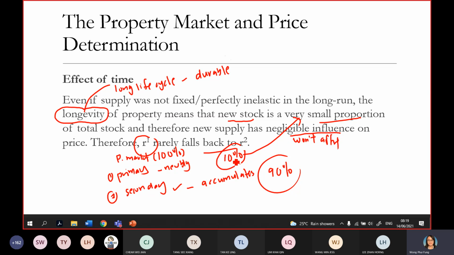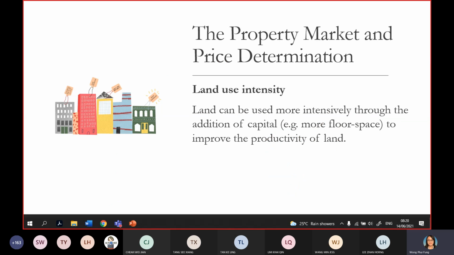The percentage is very small, unable to affect 90% of the property market. So that's why the price is unlikely to fall. Okay, that is the effect of time, short run and long run, on how it affects the supply, demand, and also the rental.